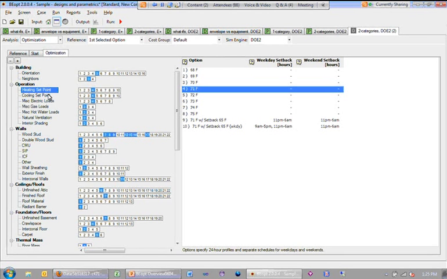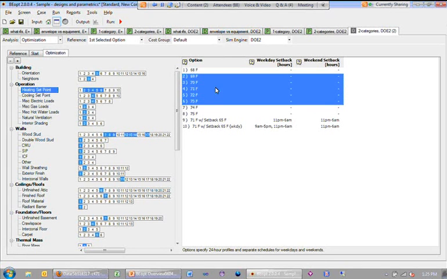Other items, like the heating set point, which controls the furnace operation: if you're in a cold climate and I select a range of heating set points, I sort of know that in terms of energy efficiency results and minimizing cost, the lowest set point is likely to come out to be the optimum.